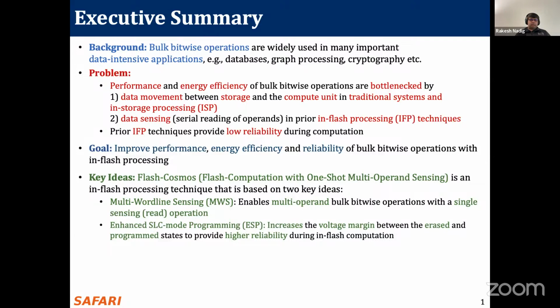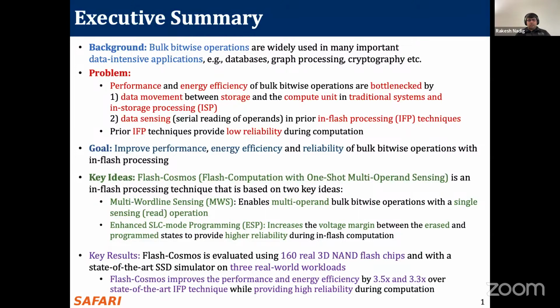The first is multi-wordline sensing, which enables multi-operand bulk bitwise operations with a single read operation. To improve reliability, we also propose enhanced SLC-mode programming, which increases the voltage margin between the programmed and erased states to provide high reliability during the computation.